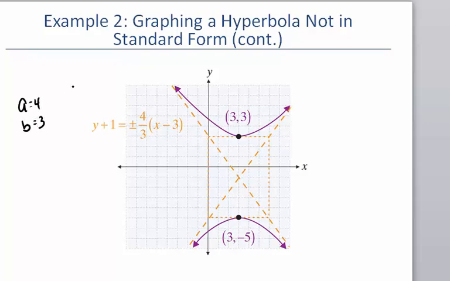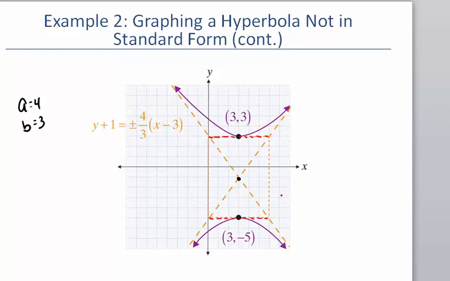Now, remember that the a is going to define the vertex points. So you essentially start at your center, and you count up 4. 1, 2, 3, 4. That takes you to that vertex, and then you count down 4. 1, 2, 3, 4, and that puts you on that vertex. And you draw a dotted line that goes through that vertex point. Now, for the other side of that rectangle, you're going to use the b value. So our b value is going to be 3.